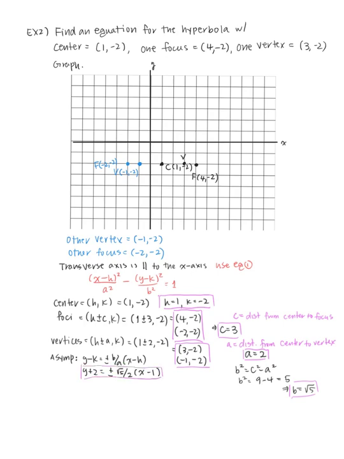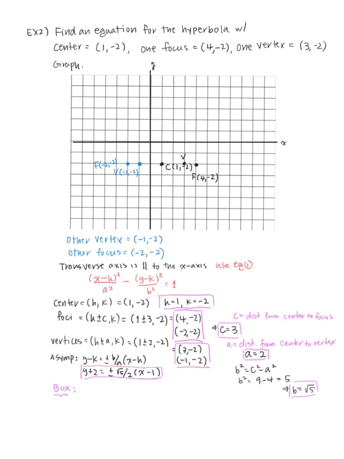Now let's look for the box. The box is cool because we know that the asymptotes must go through the corners of the box. So let me go with the box. Since our value of a is 2, we need to go 2 units left and right from the center.